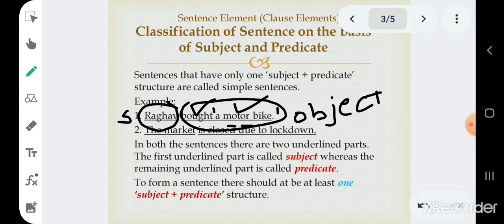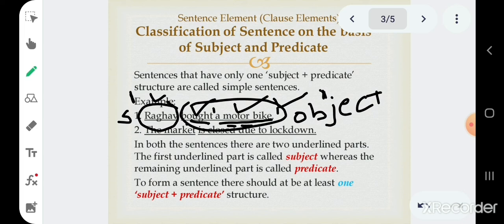How many subjects and predicates are there in the first sentence? There is only one subject, and the predicate is the whole bought a motorbike. This whole structure is single. This is the one predicate. We are not counting bought as something different or motorbike as something different.